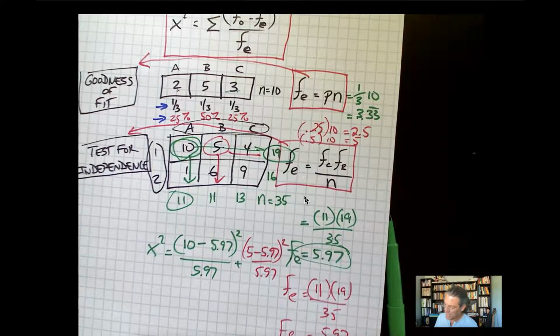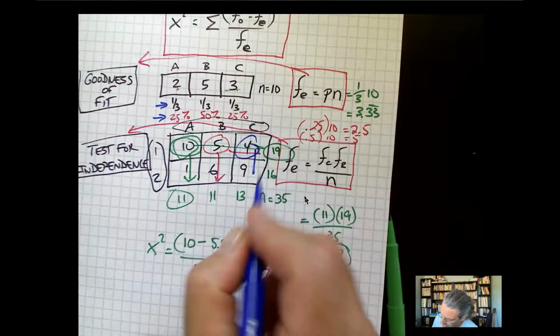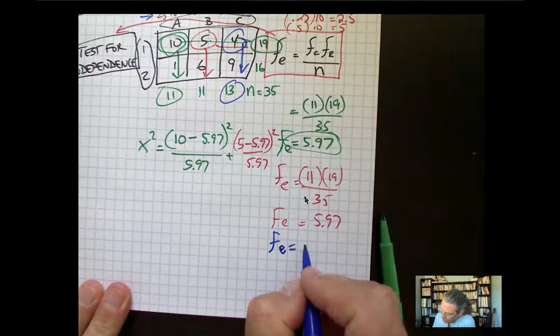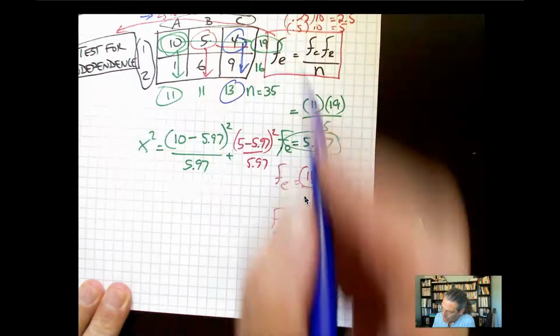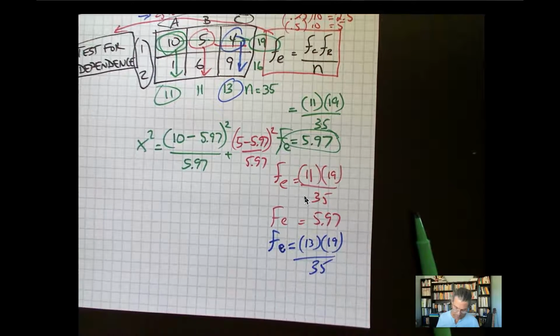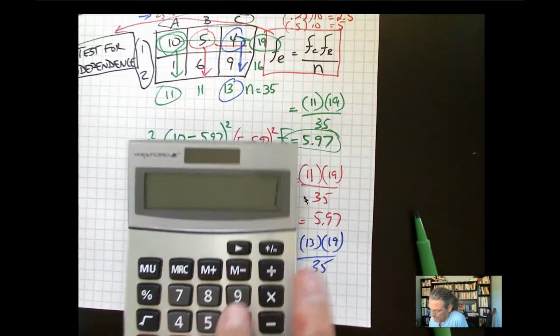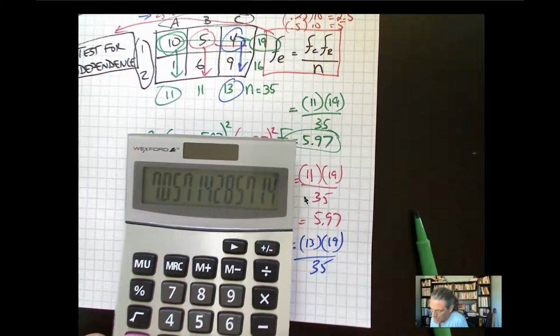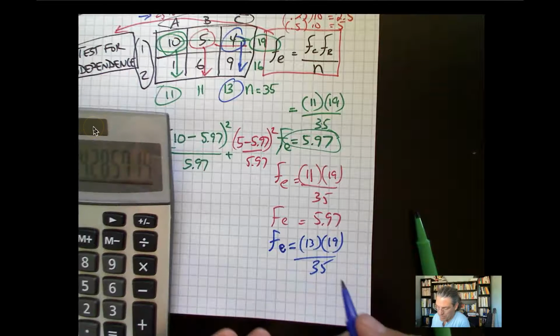And then let's do the last one. This one is going to be a frequency expected of 13 times 19 over 35. So 13 times 19 equals 247 divided by 35 is 7.05.